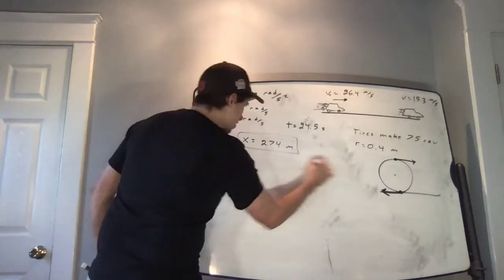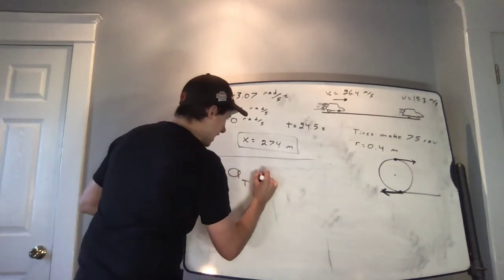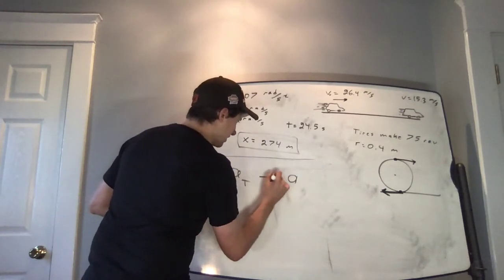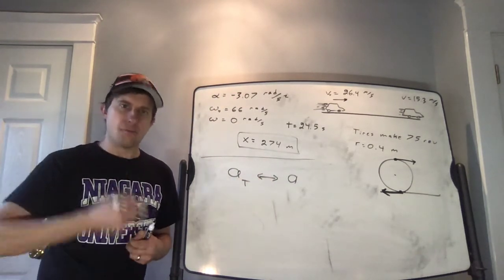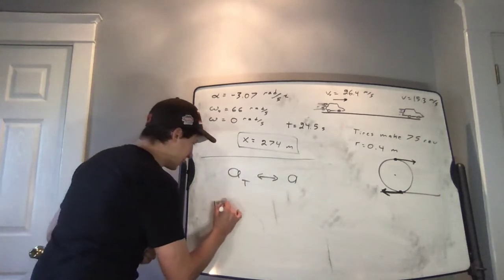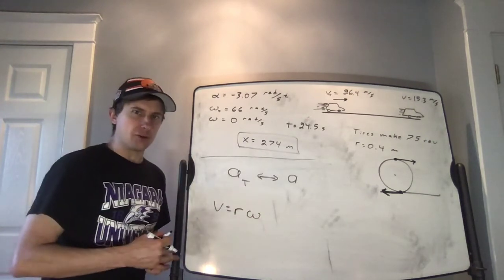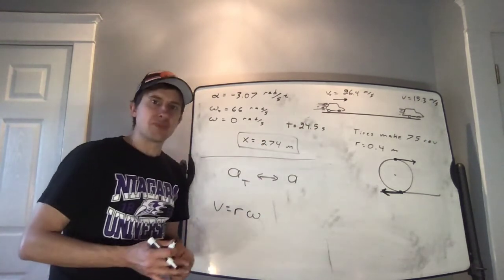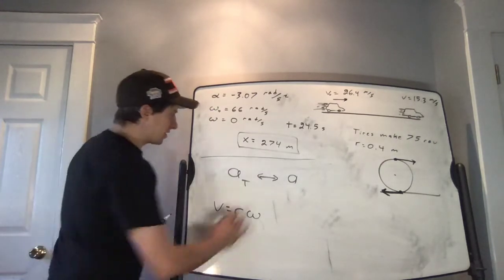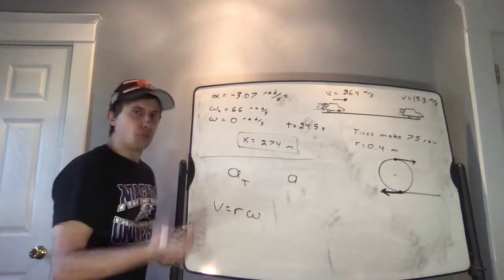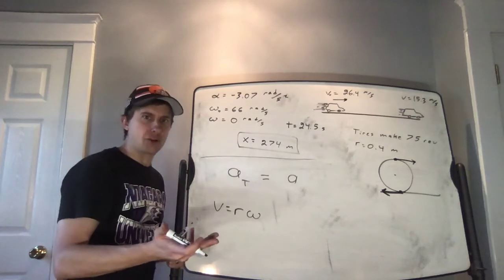The connection between the two is going to be very similar to the argument we proposed for why we are allowed to use v equals r omega to find the initial and final angular velocity of the car back in part A. When you go through that line of reasoning, you will eventually find that the tangential acceleration of a point on the edge of the wheel is going to be the same as the linear acceleration of the car.